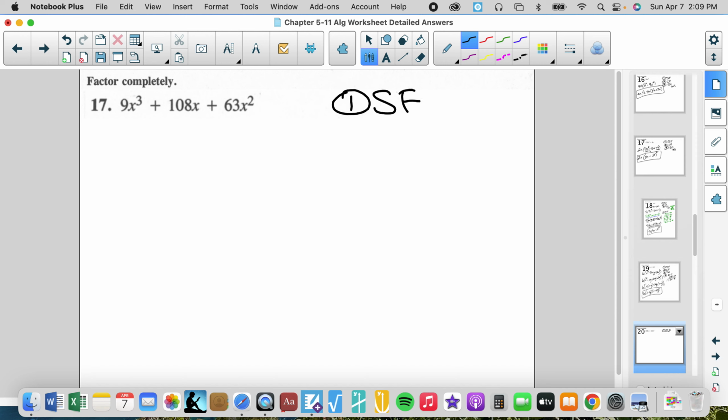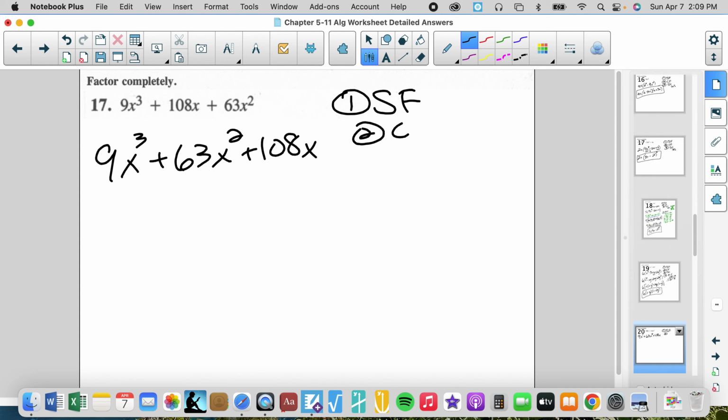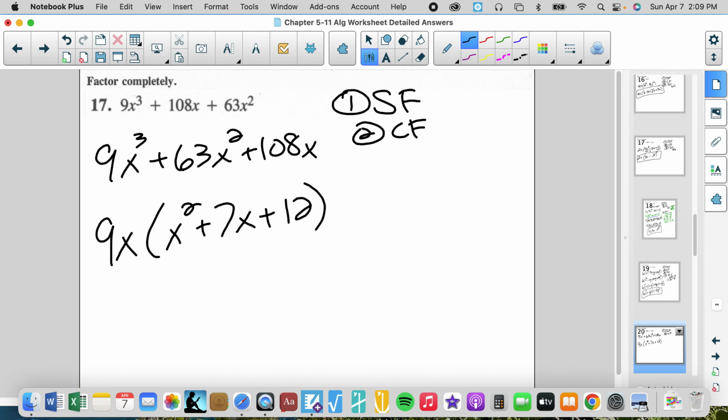Standard form, no. 9x to the third plus 63x squared plus 108x. Common factor, yes, there is a 9x, which gives us x squared plus 7x plus 12. I think that's correct.